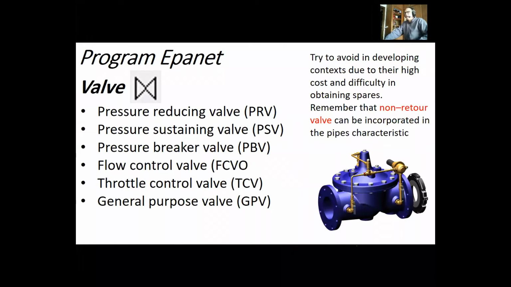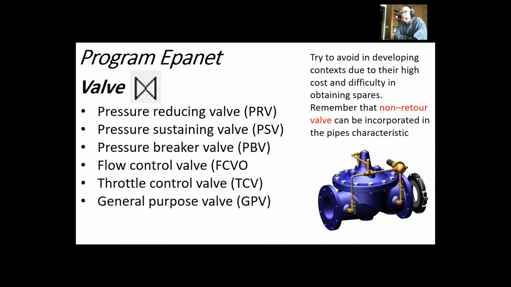Okay, and then you have the valves. You have in EPANET 6 types of valves, but I advise you for our purpose not to use the valves, not because it's not good to have valves in a network, but for a small network in a country like Syria, where the maintenance is anyway a difficult issue, it's better to avoid valves, because first of all, they are extremely expensive, and then the maintenance of those valves is not assured.